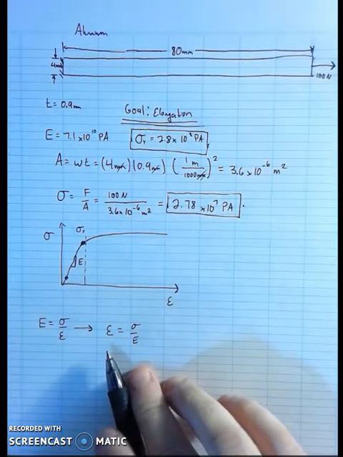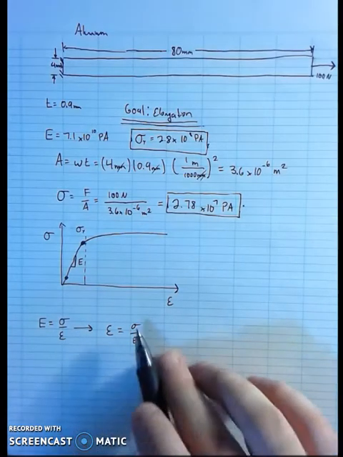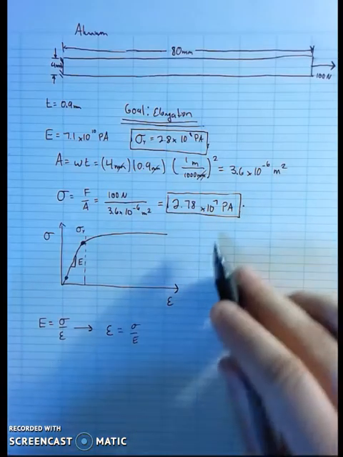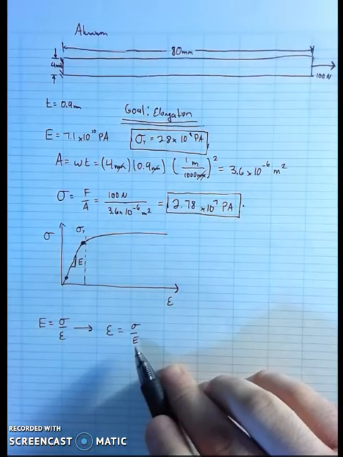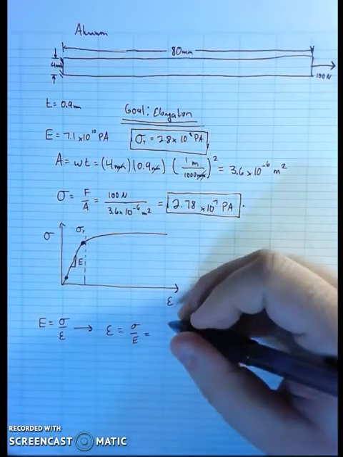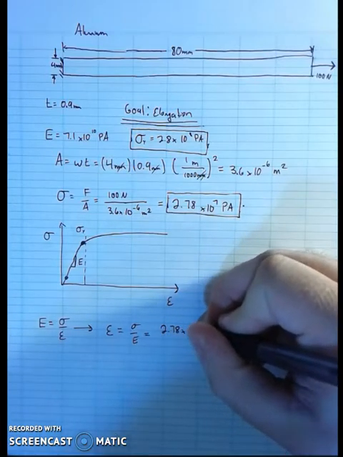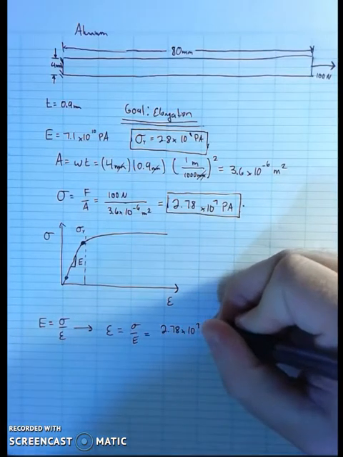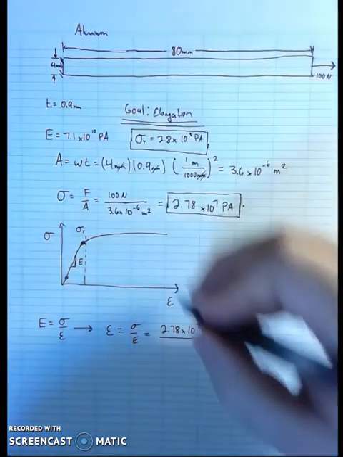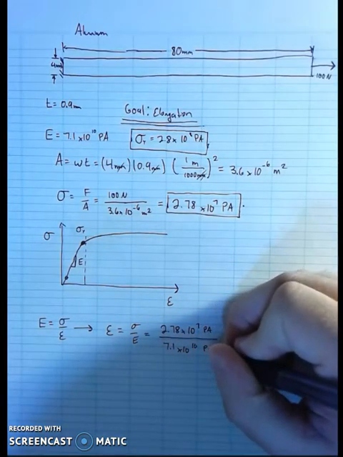The strain is just the stress divided by Young's modulus. I know these values, right? This guy is this value, and this guy is this value, the Young's modulus that I looked up at the beginning of the problem. So I'll put in those known values, 2.78 times 10 to the 7th pascals, divided by 7.1 times 10 to the 10th pascals.